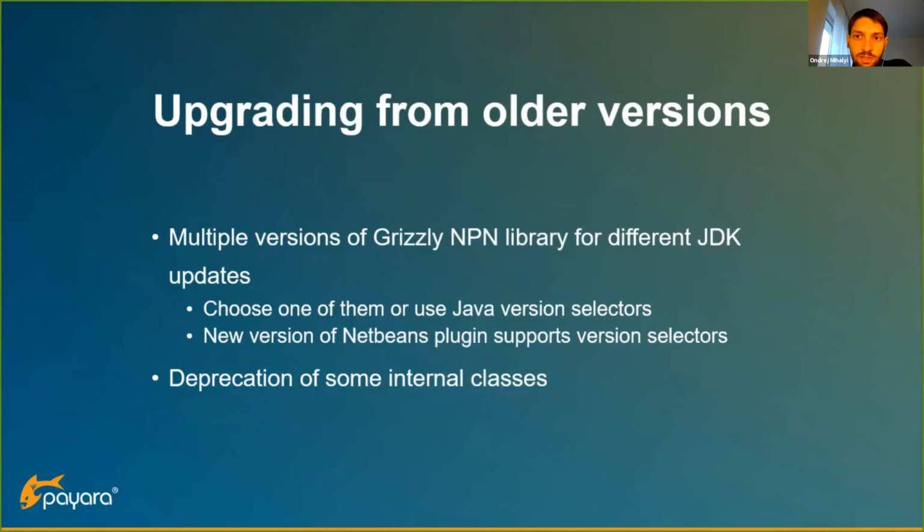If you have some issues, the easy workaround is to remove the version selectors and only leave one JVM option that applies to your JDK. And then there are some deprecations, some deprecated classes and changes in classes. So I recommend going to the release notes and reading what changed between the last version and the previous version.